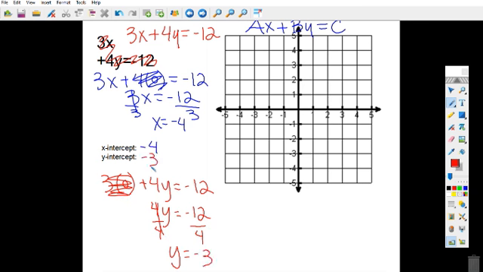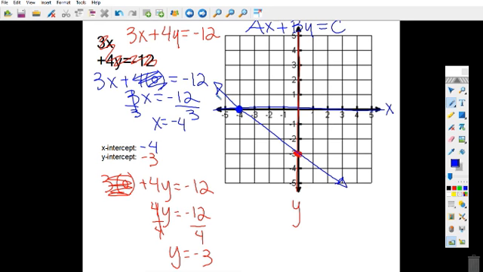Now we graph them. Okay, my y-intercept, remember it goes up and down, is negative 3. My x-intercept goes on this line. It's negative 4, so it's going to be over here. Draw your line through the points. You can just kind of guess. You can use a ruler if you would like. And there you go. You have graphed that line.